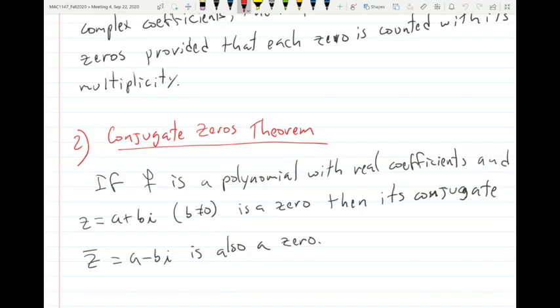So when you pair this with what we said above about the degree, that we're going to have as many zeros as the degree, if you have an odd degree polynomial, you have to have at least one real 0. Just because you can only have an even amount of complex zeros. So if you have a degree 7 polynomial, you can only have up to 6 complex zeros, so there has to be at least one 0 that is real.